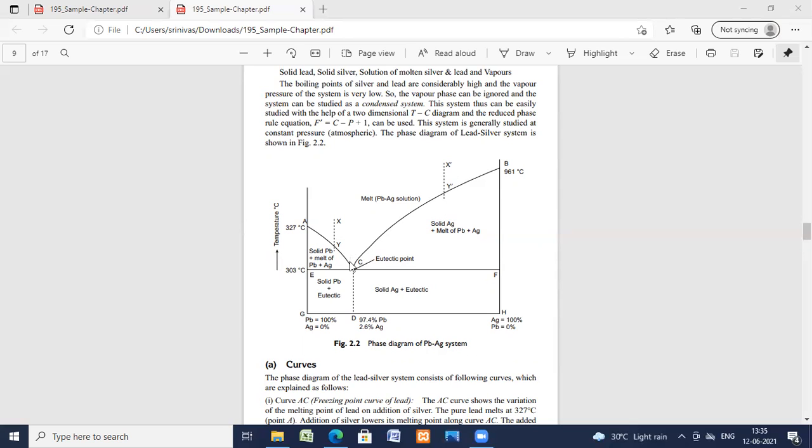So you're adding lead, thereby silver is getting precipitated. Solid silver gets precipitated. And for this BC curve, it is in equilibrium with solid Ag and melt of Pb and Ag.